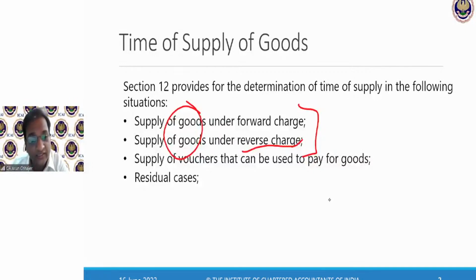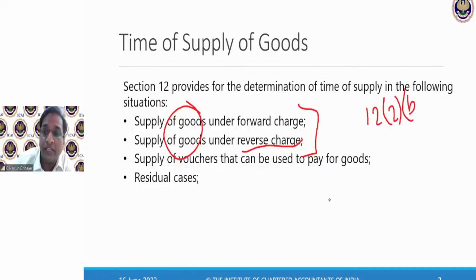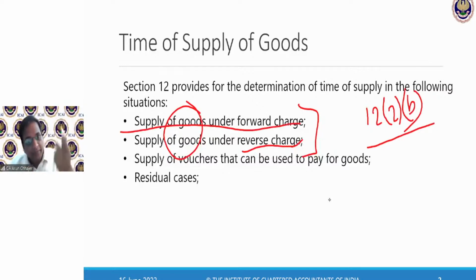Remember always that notification 66 has given the relaxation for 12 subsection 2 clause B. It means only for the forward charge. If my transaction is covered under reverse charge, like the example you gave of cashew nuts, BD wrapper, etc., and at that point of time I have given the advance, it will attract the RCM liability. We are going to discuss that in the RCM category.